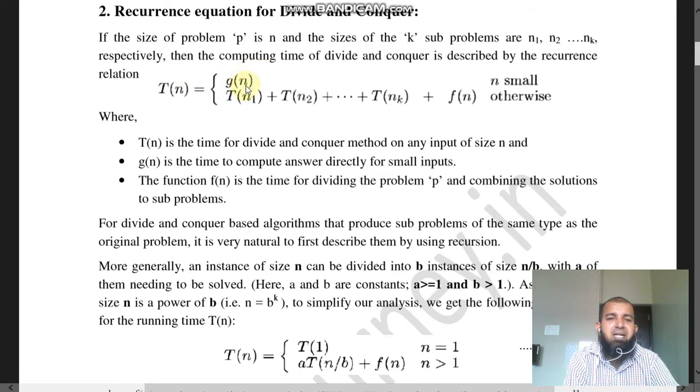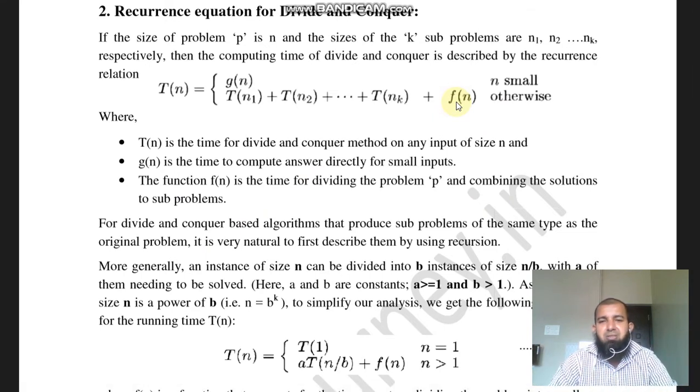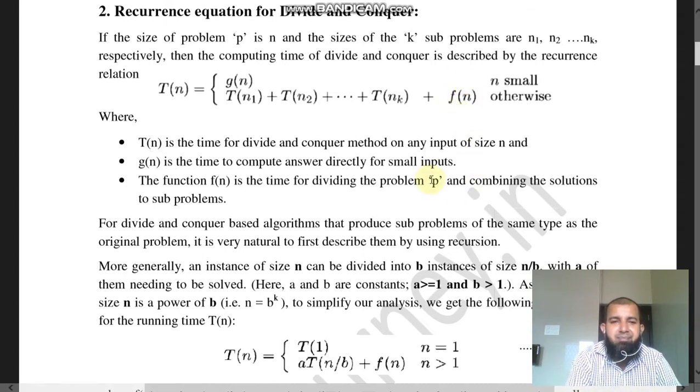The function f of n is the time for dividing the problem P and combining the solutions to the subproblems. First you divide the big problem into small problems, then after finding the solutions you combine all the solutions. How much time does it take? That is f of n.